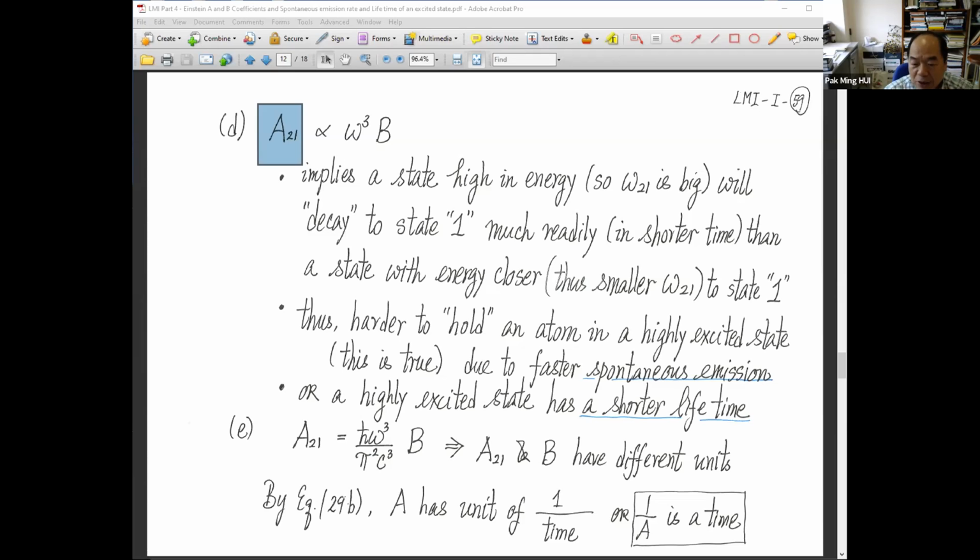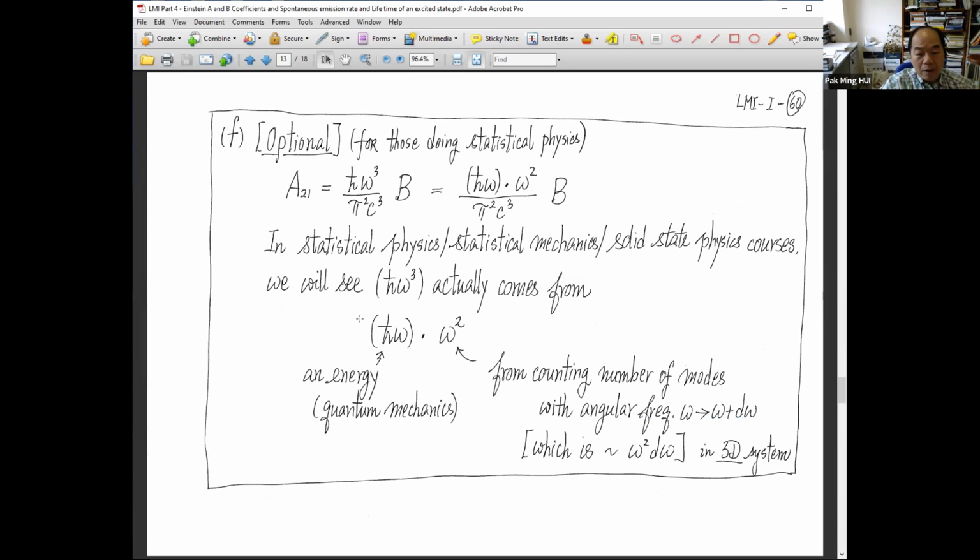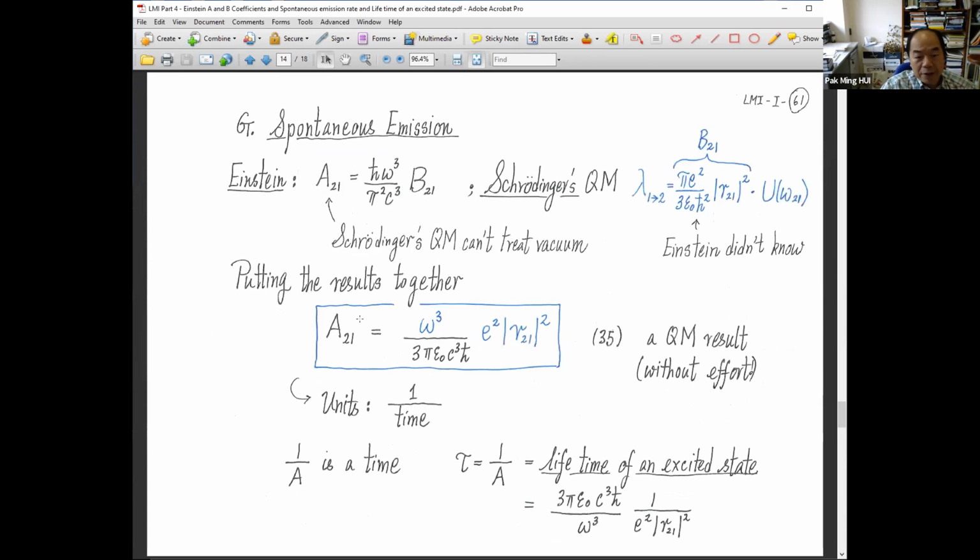Okay, and that is called the lifetime of that excited state. This factor means the higher excited state will have a shorter lifetime. Okay, so this I already mentioned.